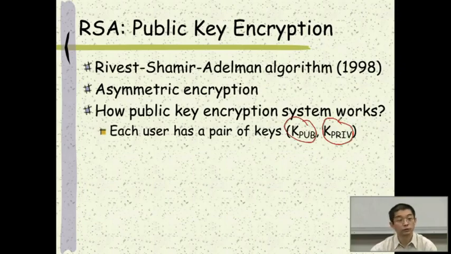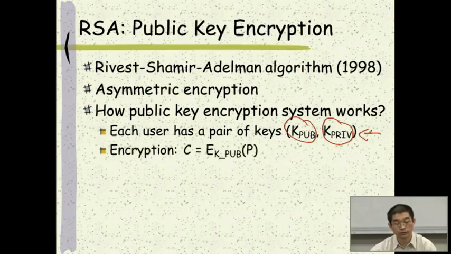Say I want to send a message to a certain user, Bob, who has this pair of keys. I encrypt the message using Bob's public key, which everybody knows. The message P becomes encrypted, becoming the ciphertext C here.